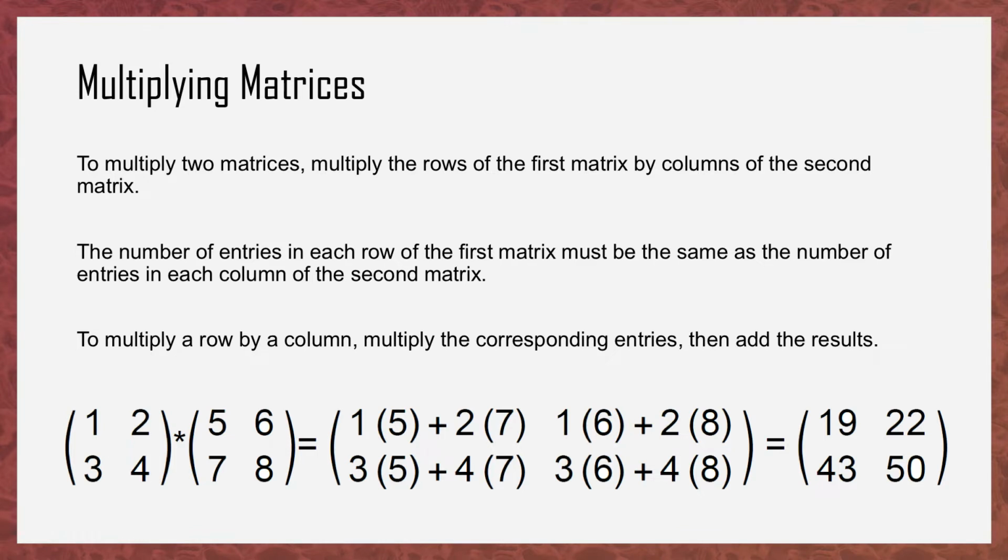Now, when you look at this, I want you to notice some patterns. For example, the first row, 1 and 2, ends up just in the tops of our work matrix in the middle. The 3 and the 4 end up in the bottom. So there's a pattern involved with that. Also, the first column, the 5 and the 7, is only in these two values.